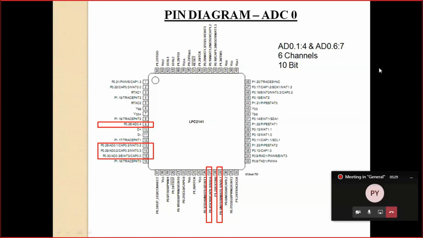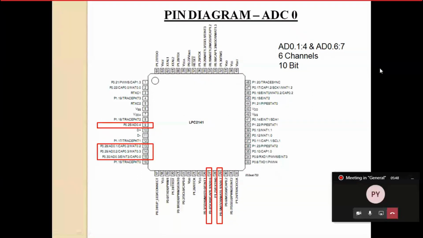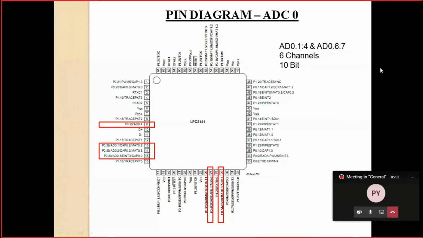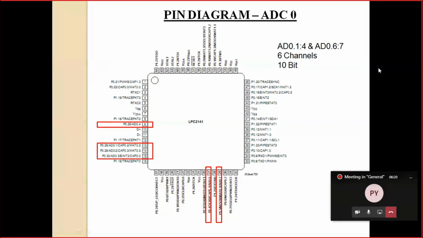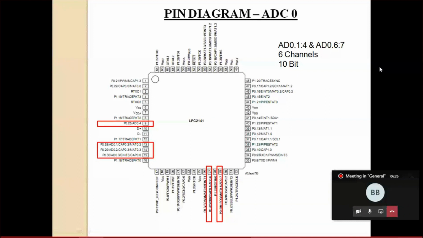Right. So in total, how many levels can you have using 10 bits? 2 raised to 10 combinations. That many levels. What is the maximum value of voltage it can convert to digital? What is the V reference plus and minus? It is 3.3, because it can convert only voltages up to its VCC.